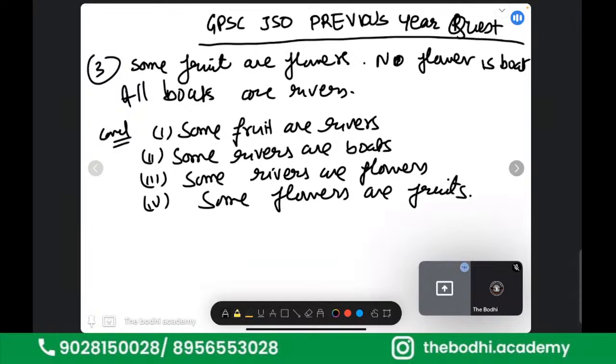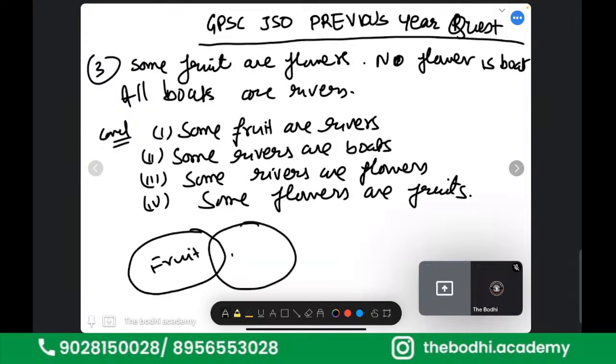Now, when I draw the diagram, some fruits are flowers, I will write like this. Some fruits are flowers. No flower is boat, so I will write like this. No flower is boat. All boats are rivers.